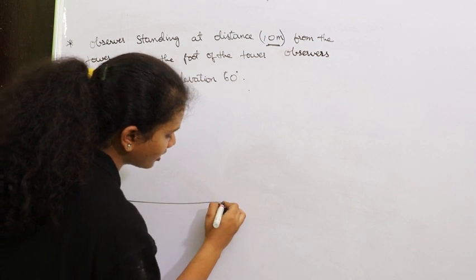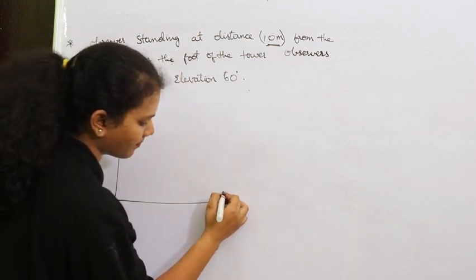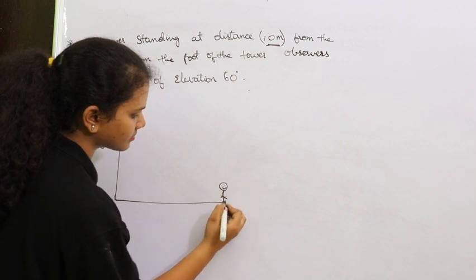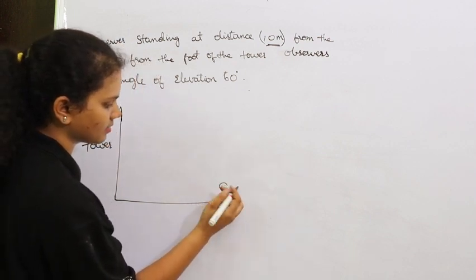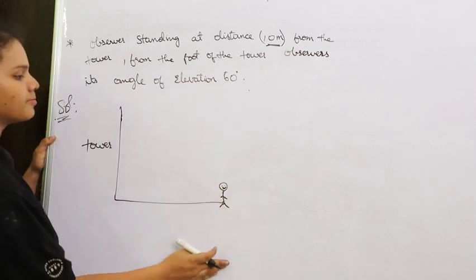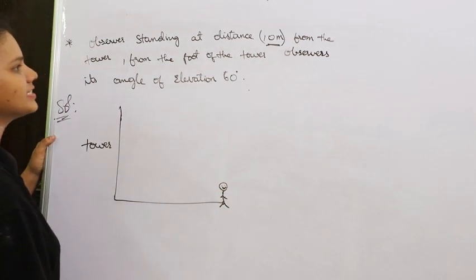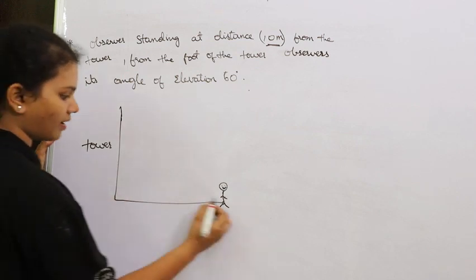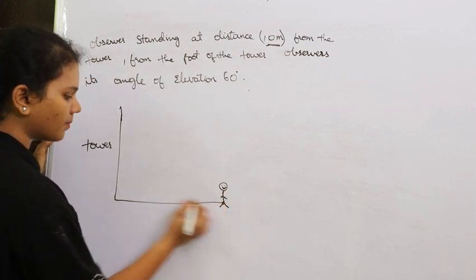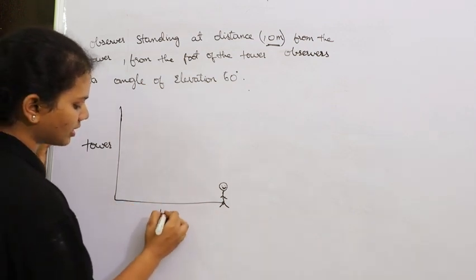Let this be the observer. So this observer is standing at a distance of 10 meters, so the distance from the observer to the tower is 10 meters.